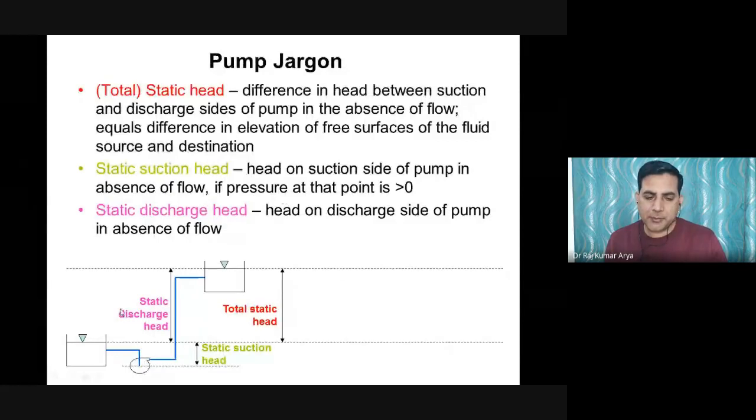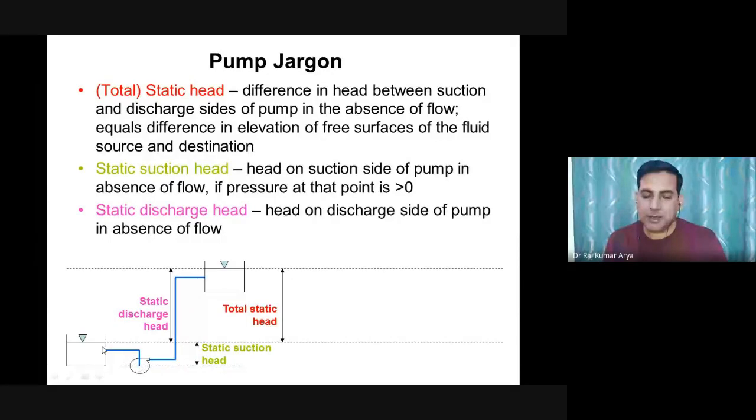So what does the pump do actually? If you have a reservoir here, you are connecting a pump and it is discharging a fluid. Let's say in this particular position here, the pump is below this particular tank. So the fluid will always fill this pump entirely.